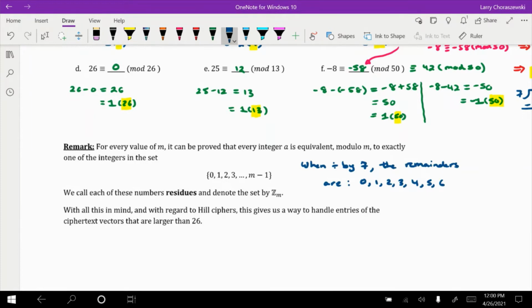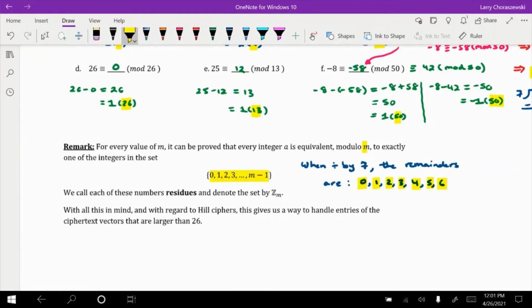So it turns out that when you select your modulus m, you can infer a set of remainders tied into it. In fact, the remainders would go 0 all the way through 1 less than your modulus. And if you look at our set of remainders for the number 7, we have 0, 1, 2, 3, 4, 5, 6, and obviously 6 is equal to 7 minus 1.